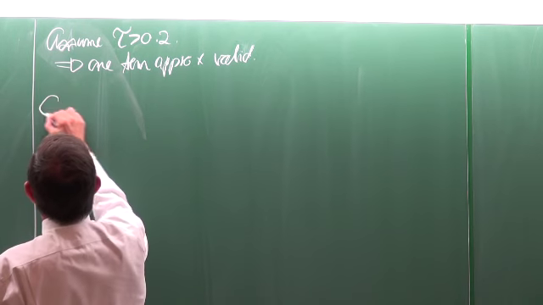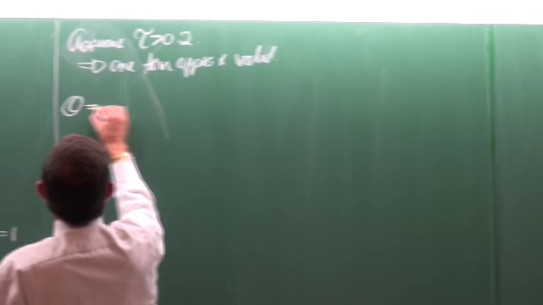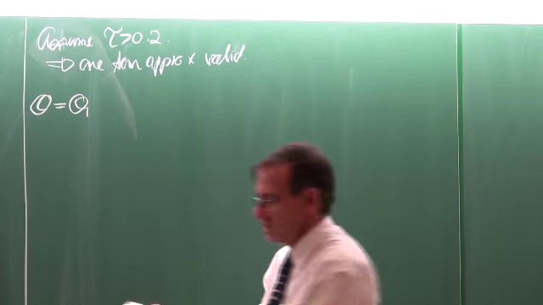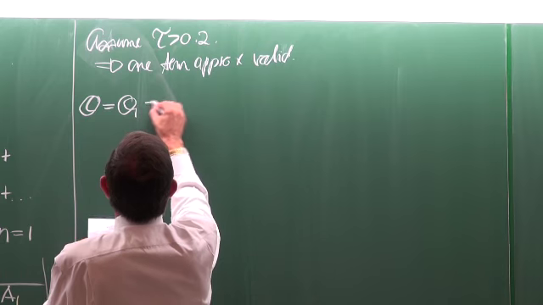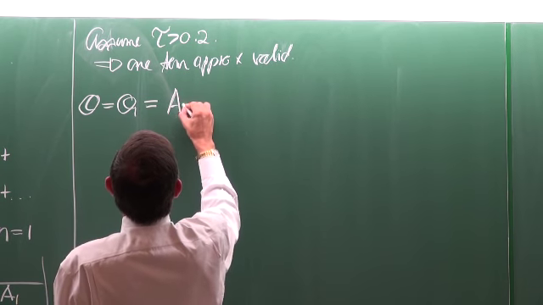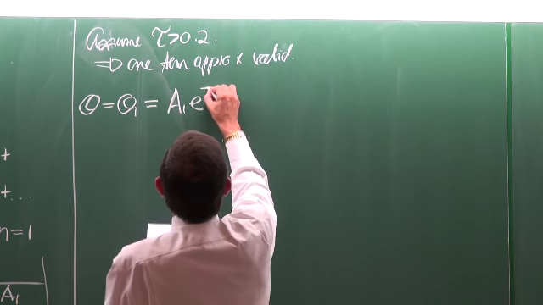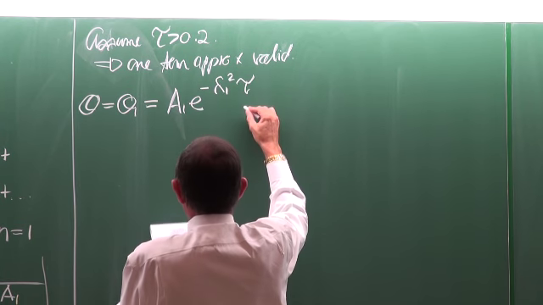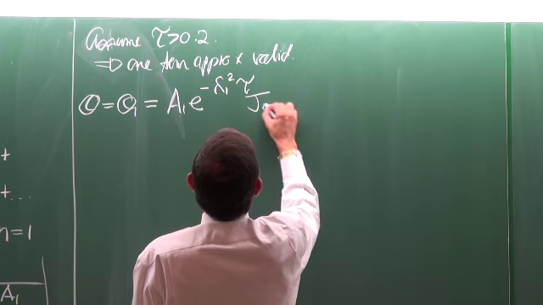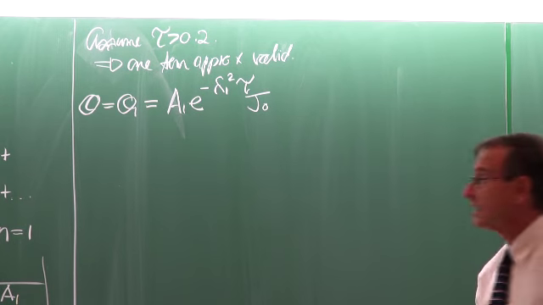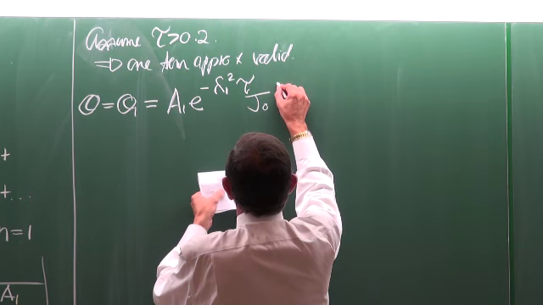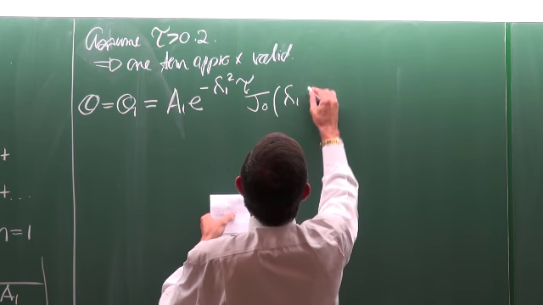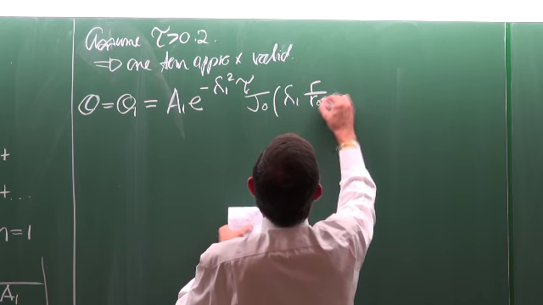So the non-dimensionalized temperature theta is equal to the first term only, which is theta 1, and theta 1 is equal to A1 e to the minus lambda 1 squared multiplied by tau, multiplied by J0 of lambda 1 multiplied by R divided by R0.